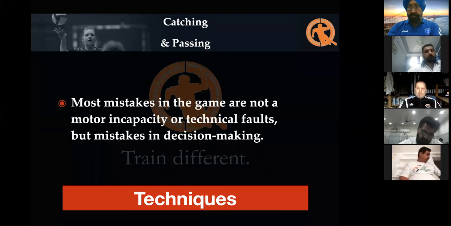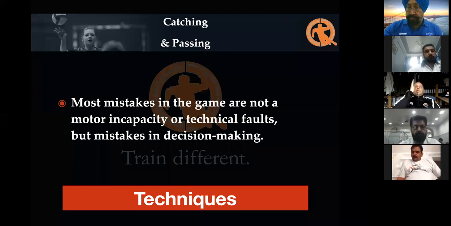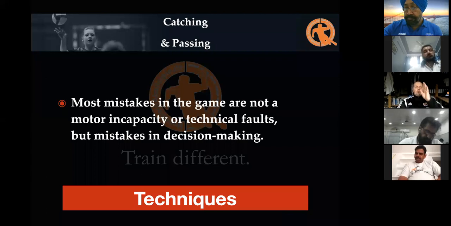So for a pass from one player to another player, 2 aspects from the technical side are very important. First is to give the ball the correct direction, and second is to give the right power to the pass. So if direction and power are good, it's a technically proper pass.